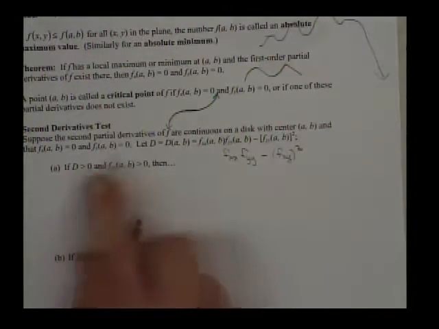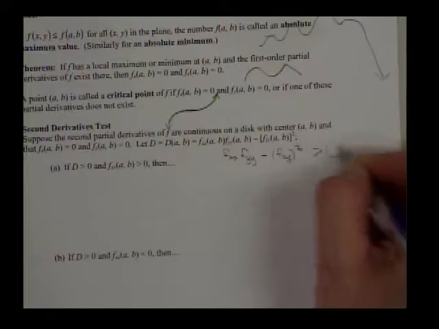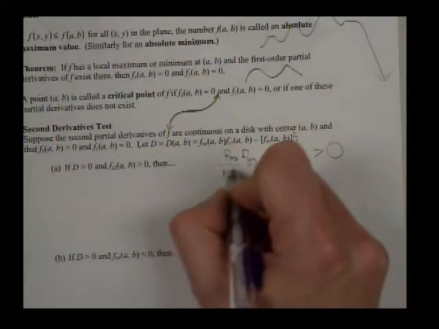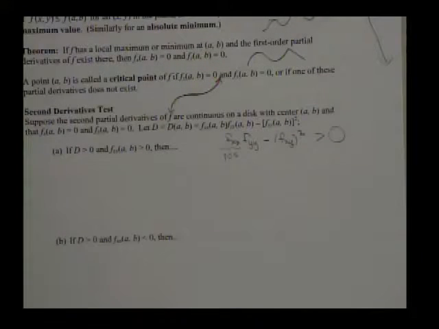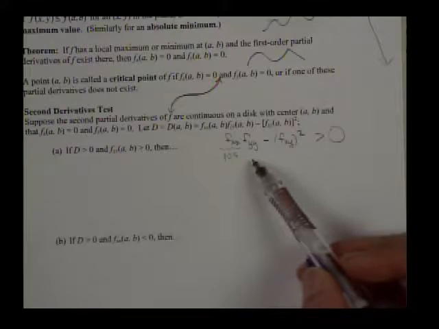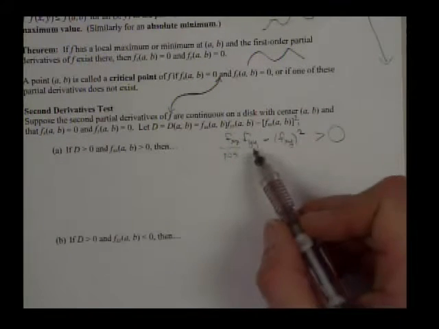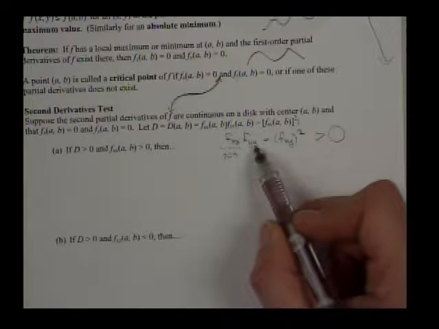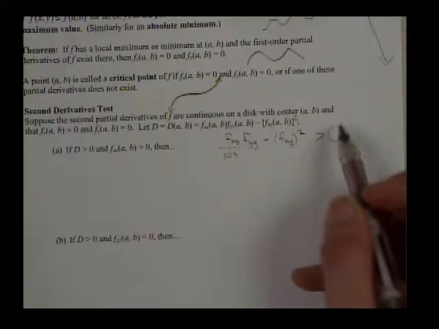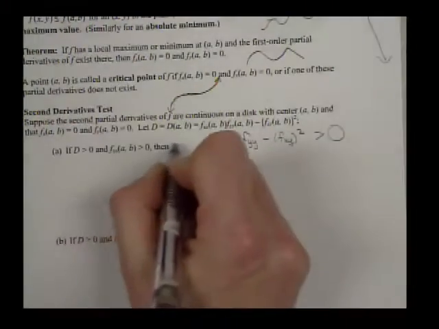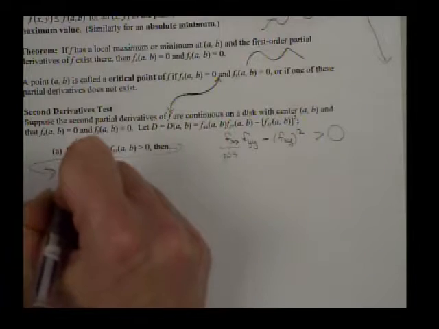They're telling us this entire expression is positive, and we also know that this is positive. What does that imply about f sub yy? It has to be positive, because if f sub yy were negative, then we'd have positive times negative, which would be negative, and then minus a positive number. So that entire expression would be negative. So f sub yy has to be positive.